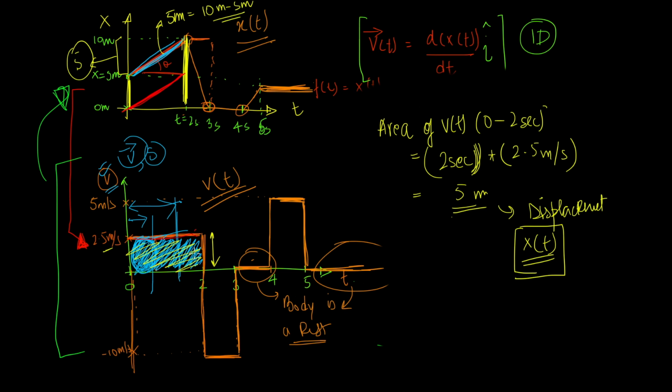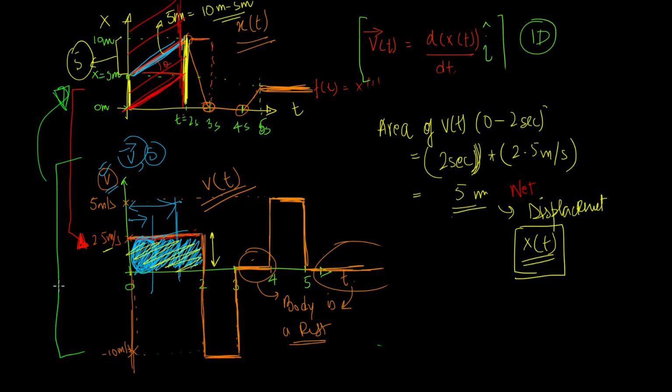That is to say that the net displacement in the first 2 seconds has been 5 meters, no matter where the body was initially. It could have been there, or there. As long as this height is held constant at 5 meters, this would have been the answer. Alright, so that makes sense. So the net area that we get gives us the displacement, right?